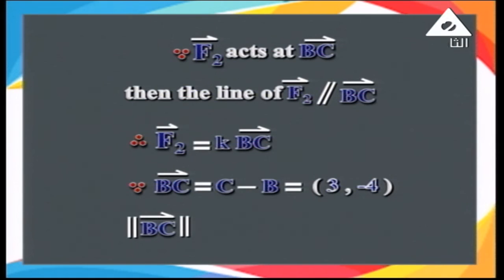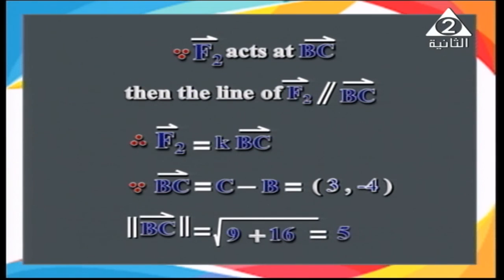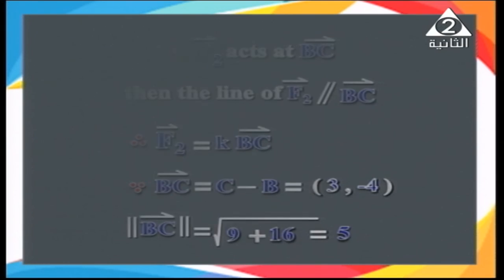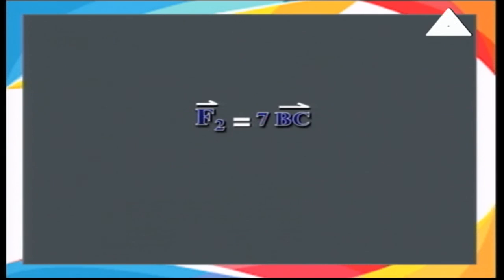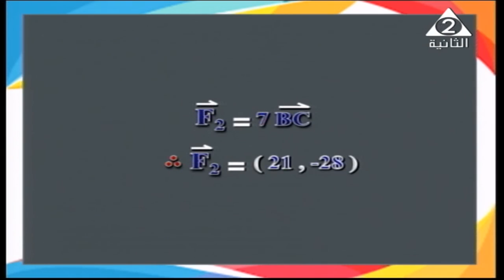Using the square root of 3 squared plus negative 4 squared equals the square root of 25 equals 5. Then F2 equals 7 BC, using 7 times 3 equals 21, 7 times negative 4 equals negative 28. The force F2 equals (21, negative 28).